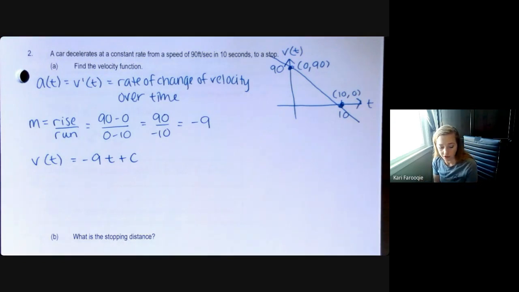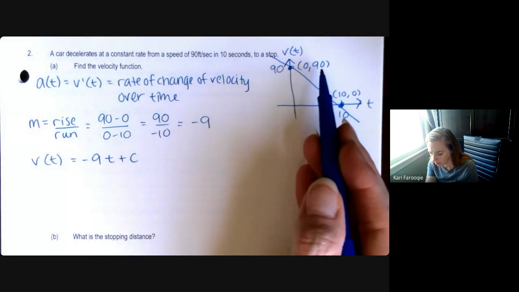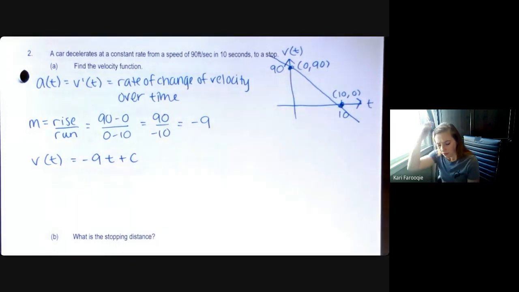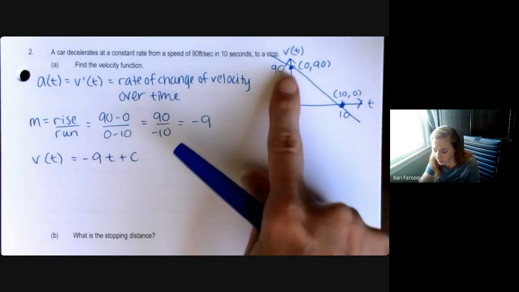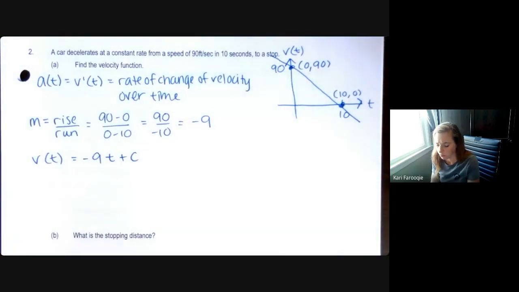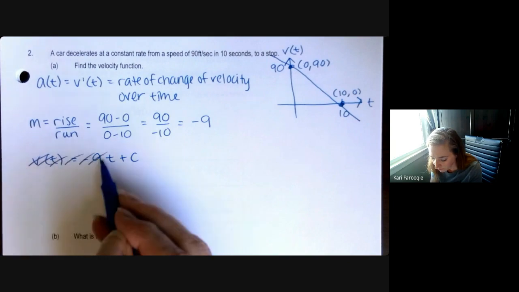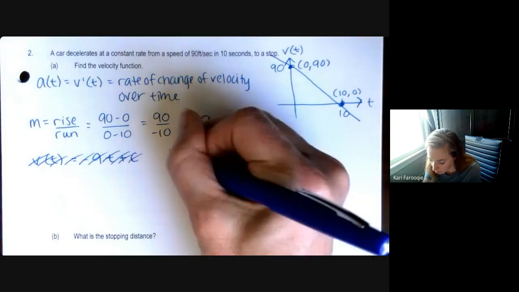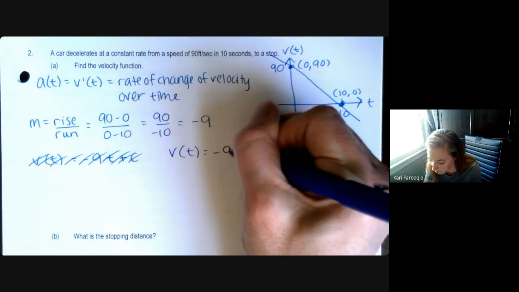So we're going to have to solve for c, which we can do. Honestly, we don't even really have to do much to solve for c. We know, for instance, that when t equals 0, v of t is 90. So we can just go ahead and use that. 90 is the y-intercept. We need a slope, we need a y-intercept. So here's my slope.